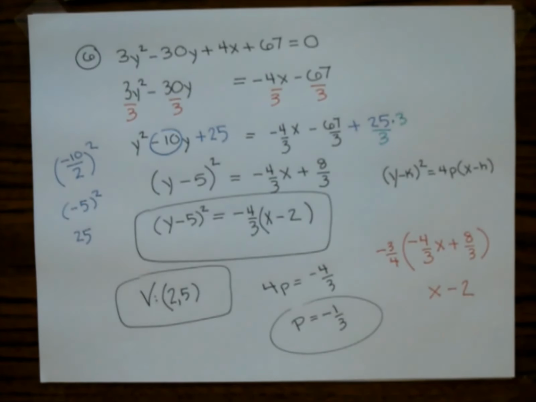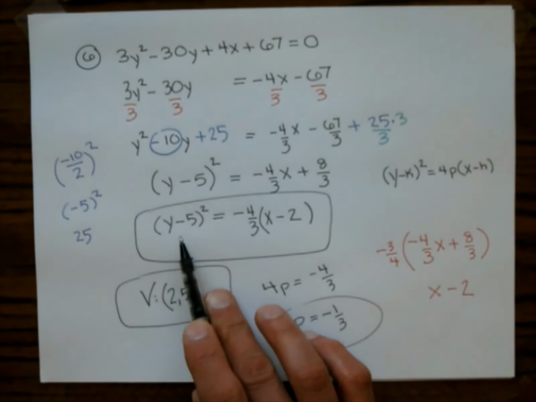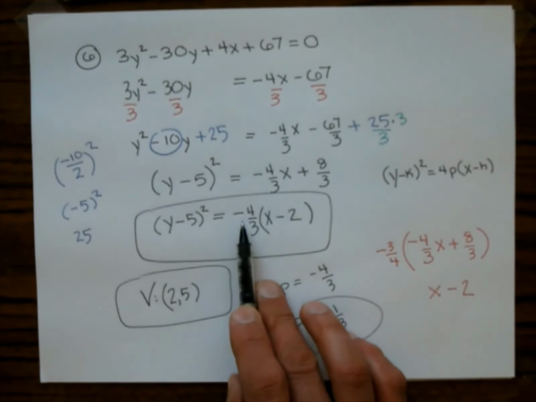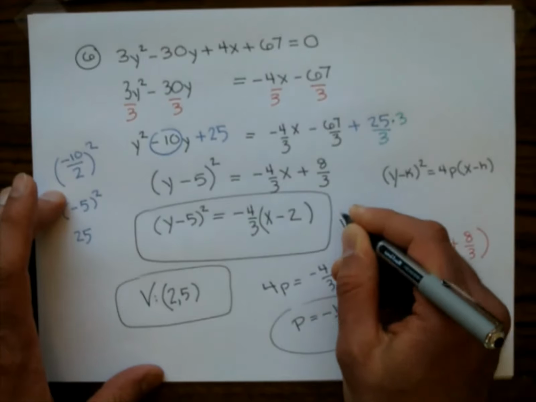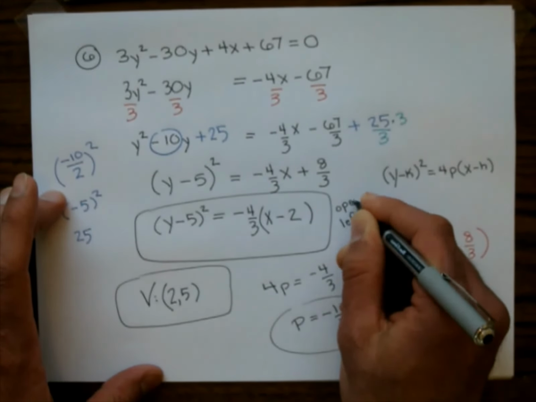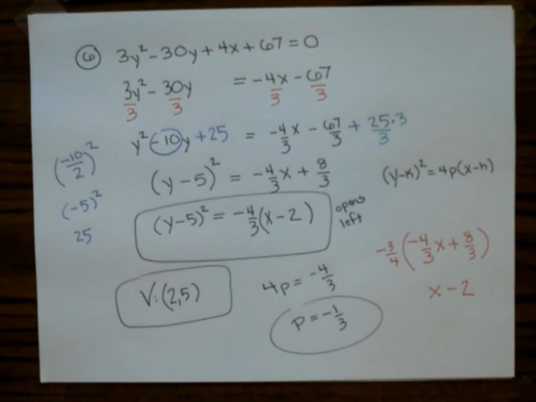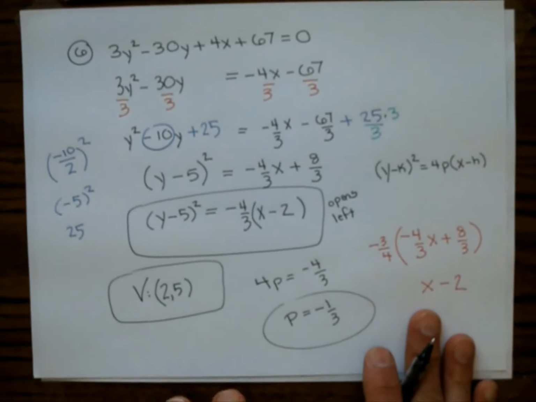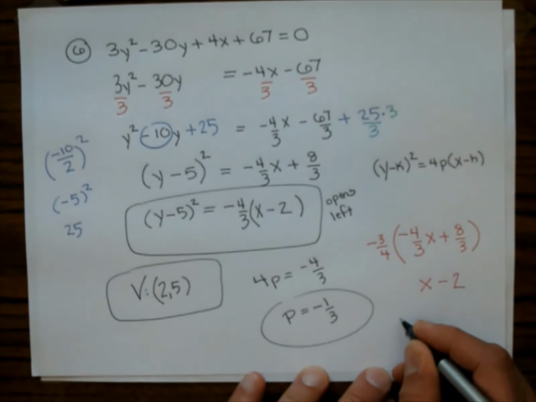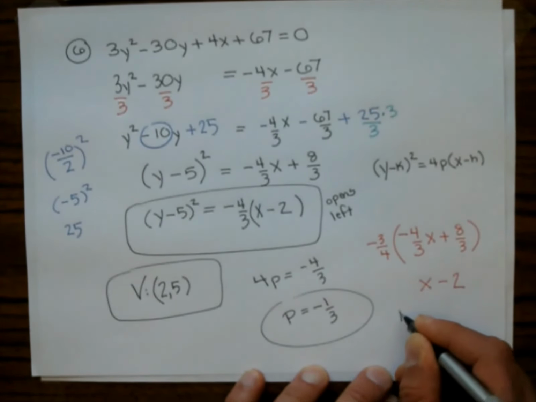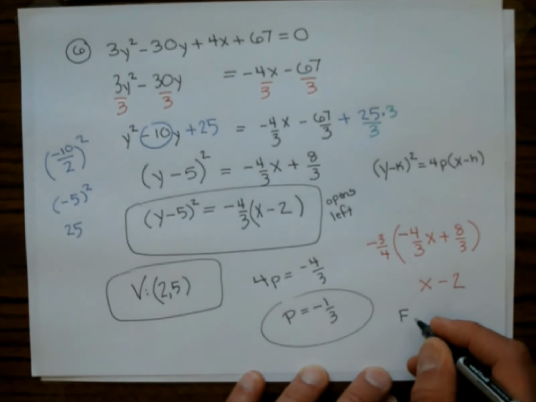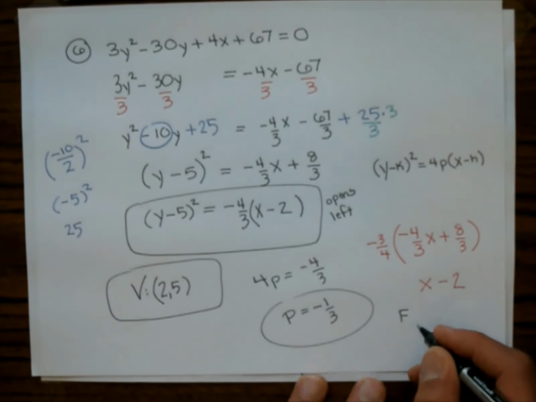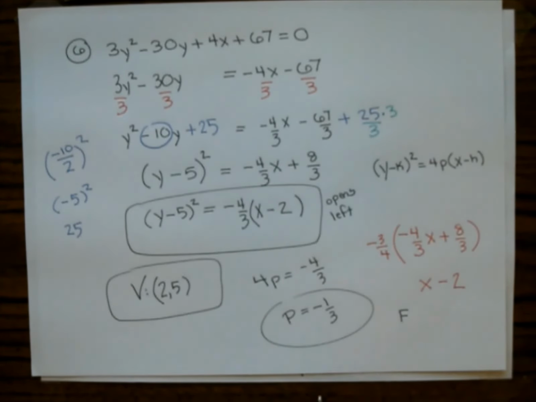This parabola opens which way? It's going to be a left or right one, and it's going to actually open to the left. Opens left. So if you want, I'll put the answers down here and you can verify this, that the focus would then be, let's see, opens to the left.